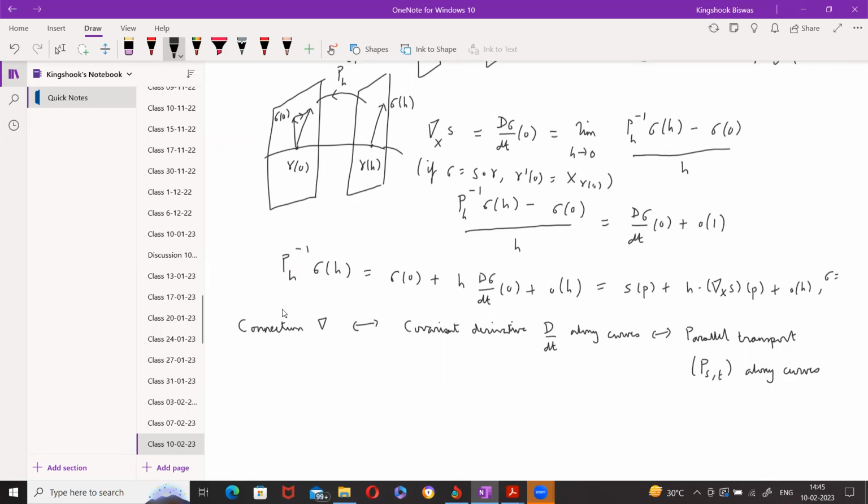If sigma is equal to S composed with gamma, P is equal to gamma 0, and gamma prime 0 is equal to X at P. Is that clear? Okay. So let's continue.